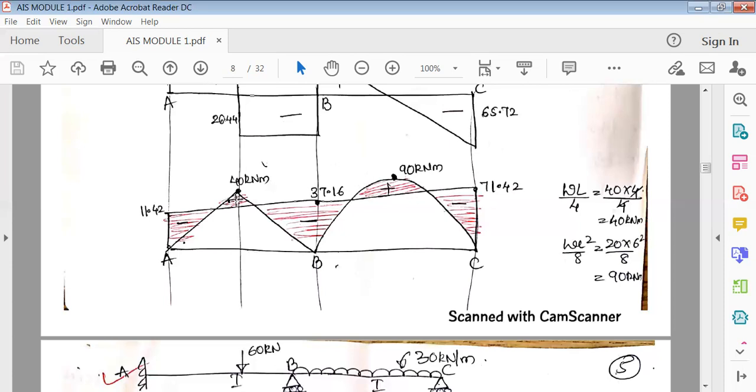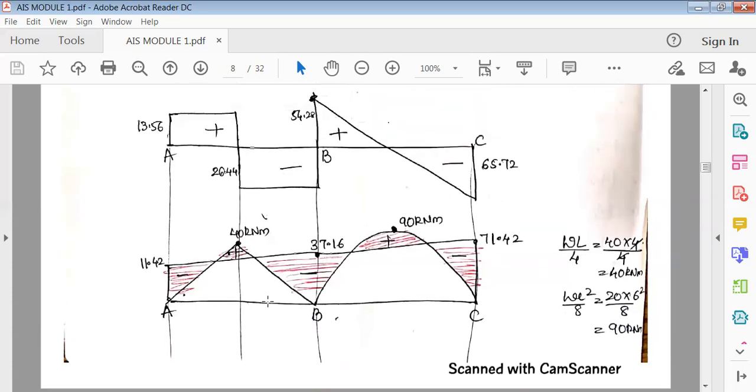The plus sign, which lies above this line, indicates positive bending moment. So there are two types of bending moment here. One is negative bending moment, which occurs at the joints, and the other is positive bending moment, which occurs below the load. All right, with this we'll wind up, and this completes the first type of problem.